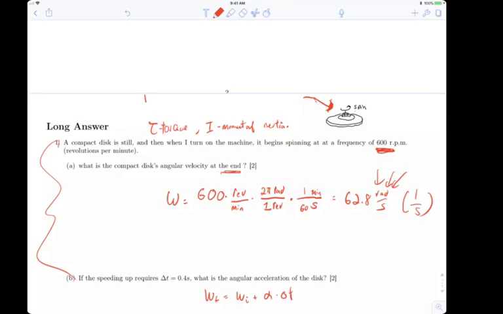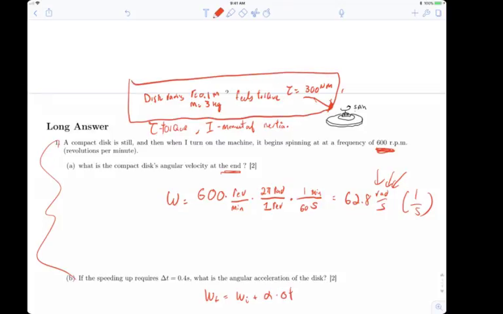Here's a disk of radius, you know, r is equal to 0.1 meters, and mass 3 kilograms, and it feels torque tau is equal to 300 newton meters, right? And so this question might start by us describing what the disk is and the torque on it, okay?